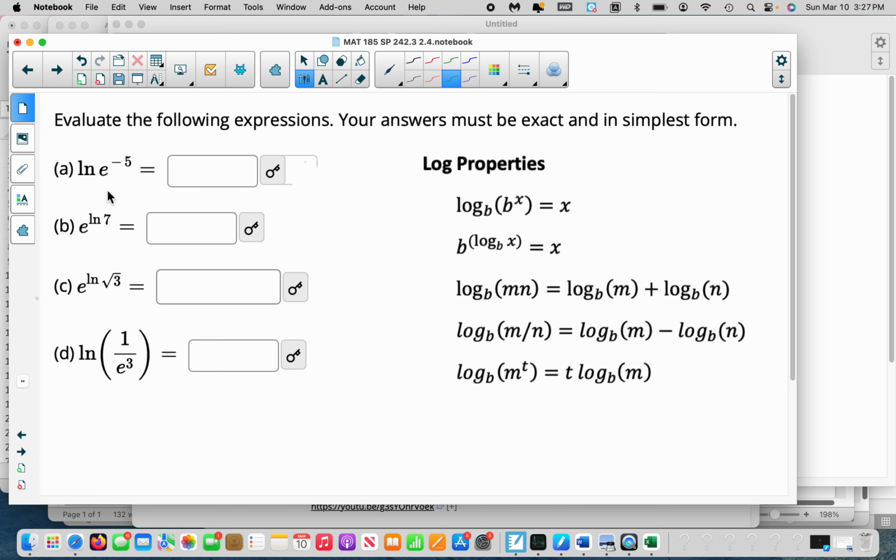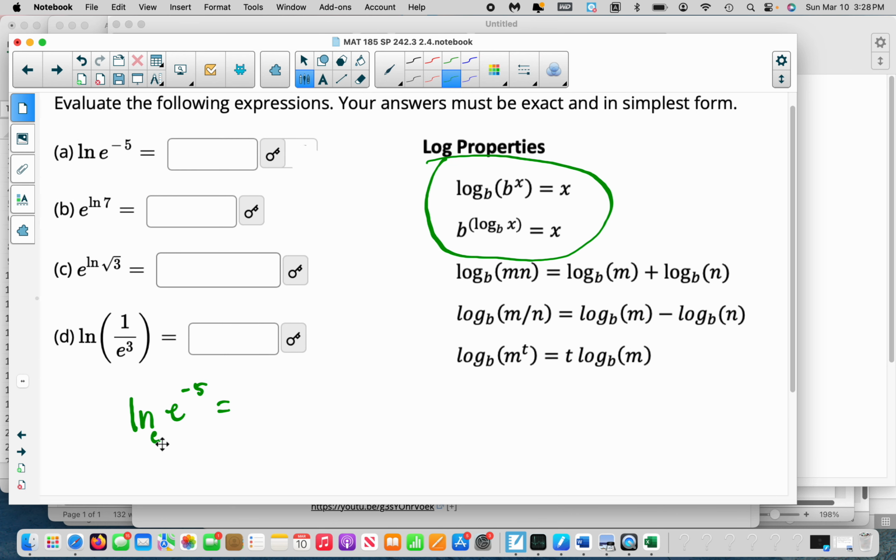And then let's do this last one. So we're really focusing here on these log properties, all right? We know that when we have the natural log, that really means we have a base e. So natural log, base e, of e to the negative fifth: if we take the base raised to this x value, it is equal to this whole thing here.